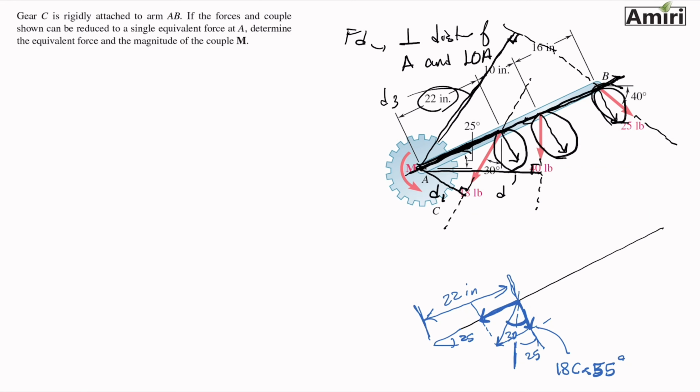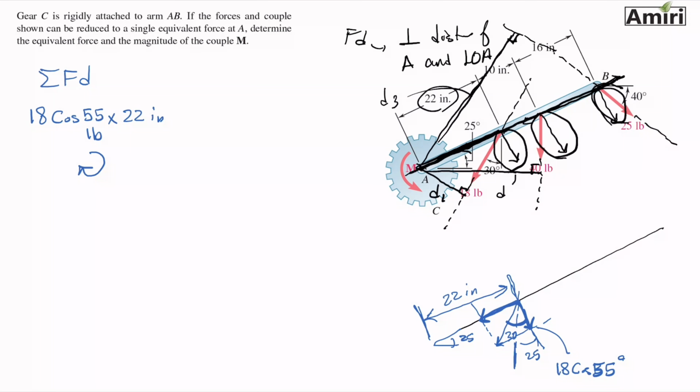So let me write the summation of FDs. It's going to be 18 cosine of 55 multiplied by 22 inches. Let's keep track of the rotation of it too. It's going this way.